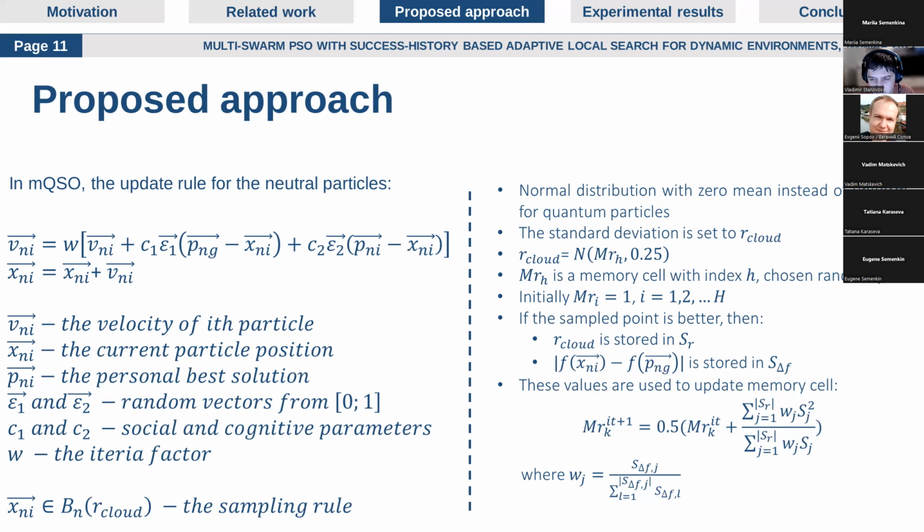This is a memory cell; the whole idea of the method is similar to the success history adaptation used in differential evolution. So there are several memory cells, and at every iteration, the R cloud parameter is sampled from normal distribution, and if the sampled point is better than the previous global best, then we save the R cloud value as a successful one, and we also save the fitness improvement.